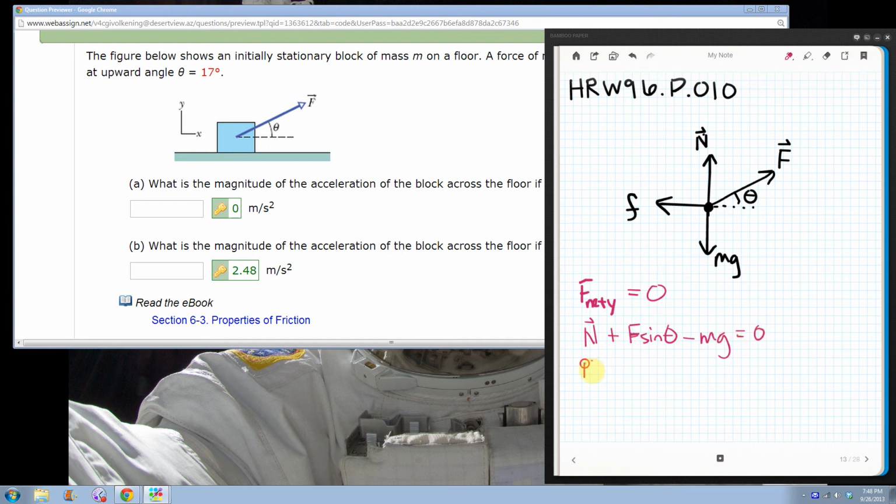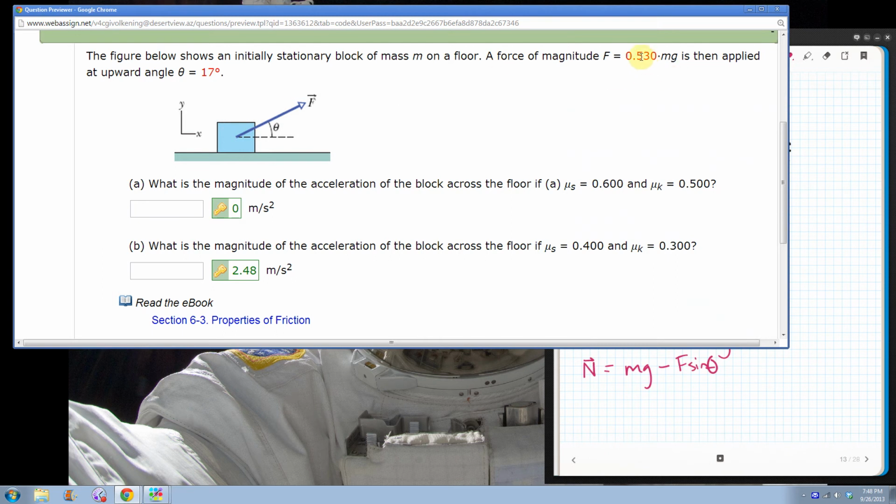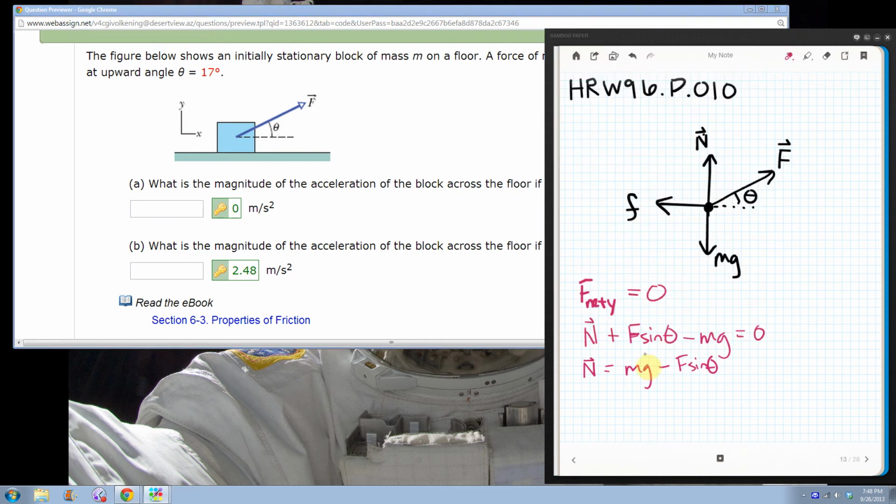So basically the normal force is going to be mg minus F sine theta. Well, F is actually a number times mg. So let's put that in there.